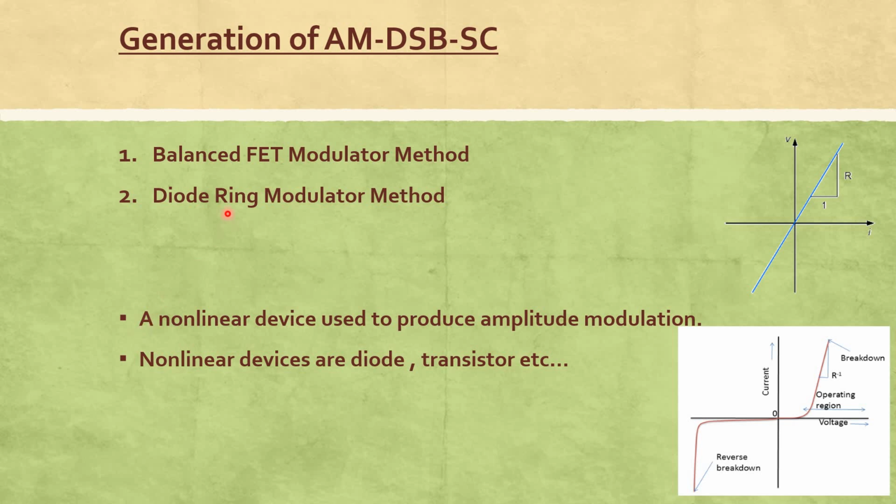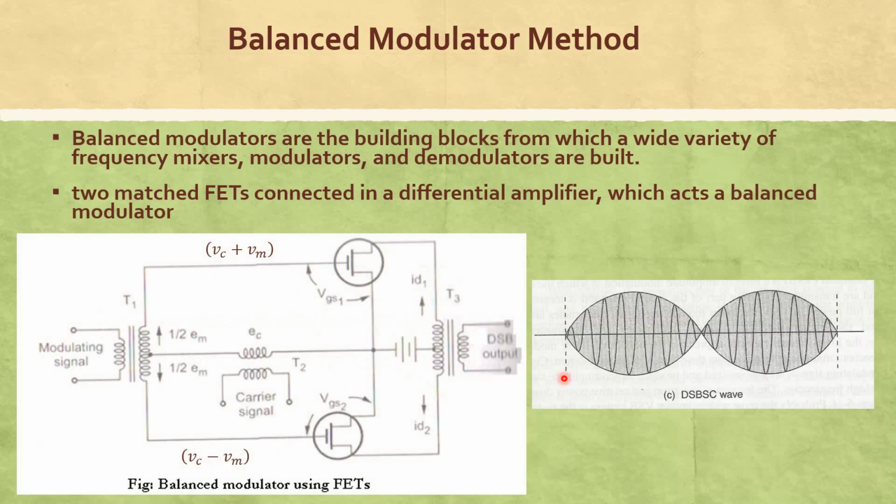If you want to achieve a modulation process, we need specifically a non-linear device. So non-linear devices like diode, transistor or field effect transistors are utilized to generate this type of modulated signals.